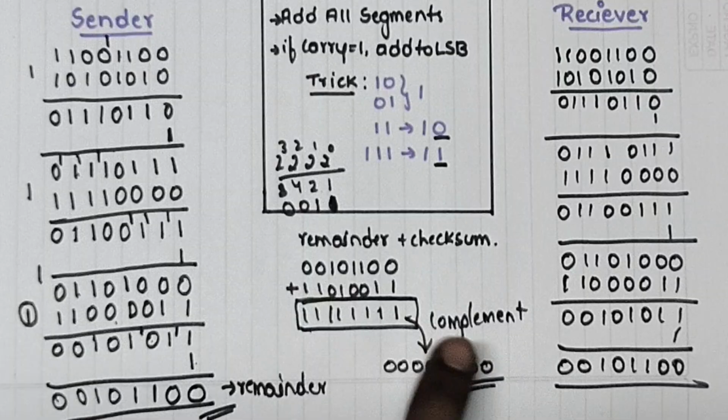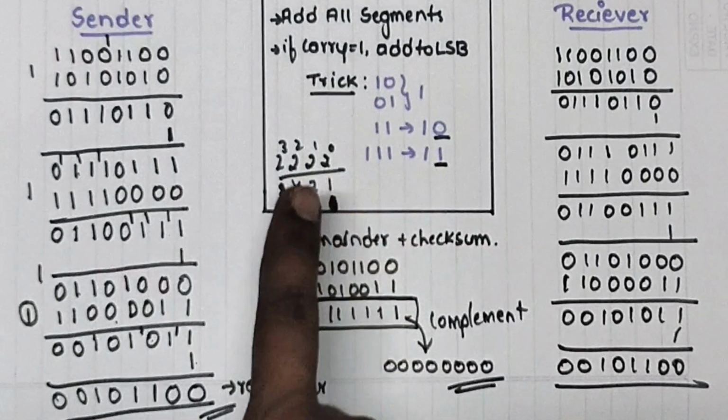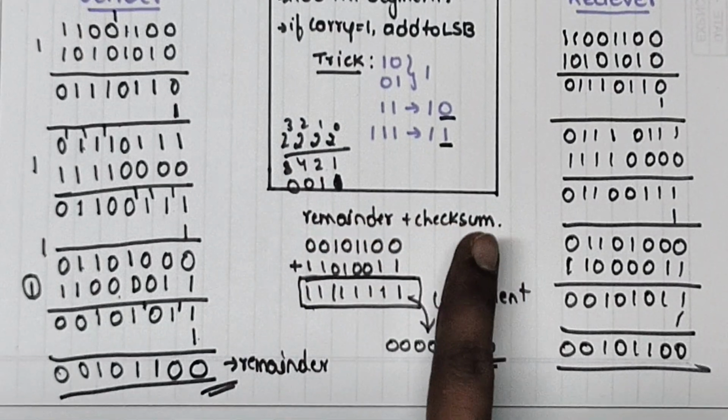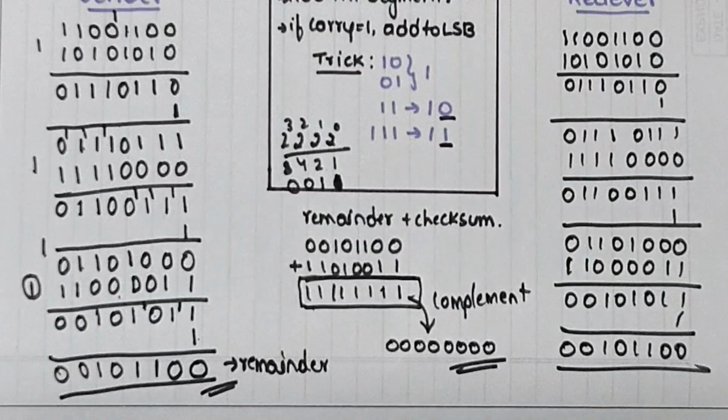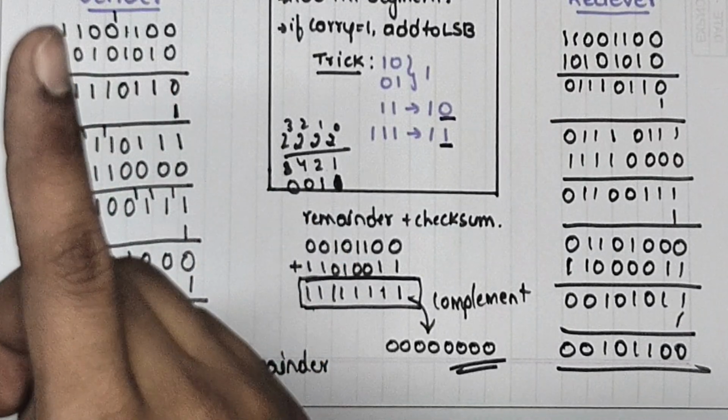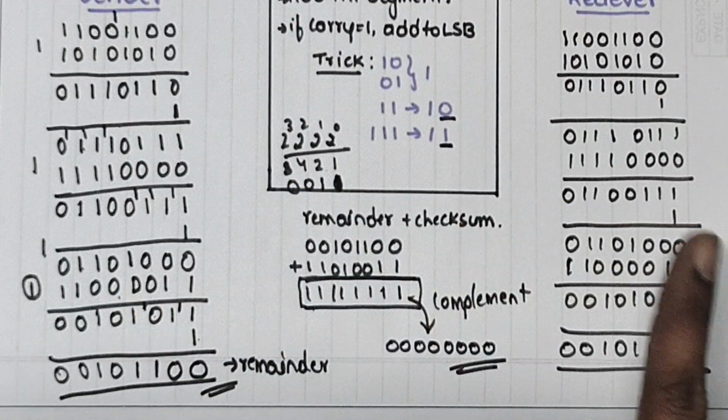So when you complement the answer that you got when you added the remainder and the checksum, and if you got the value as 0, then you can easily conclude that the given problem is satisfied. That is, no error detected in the message which has been sent from the sender towards the receiver side.